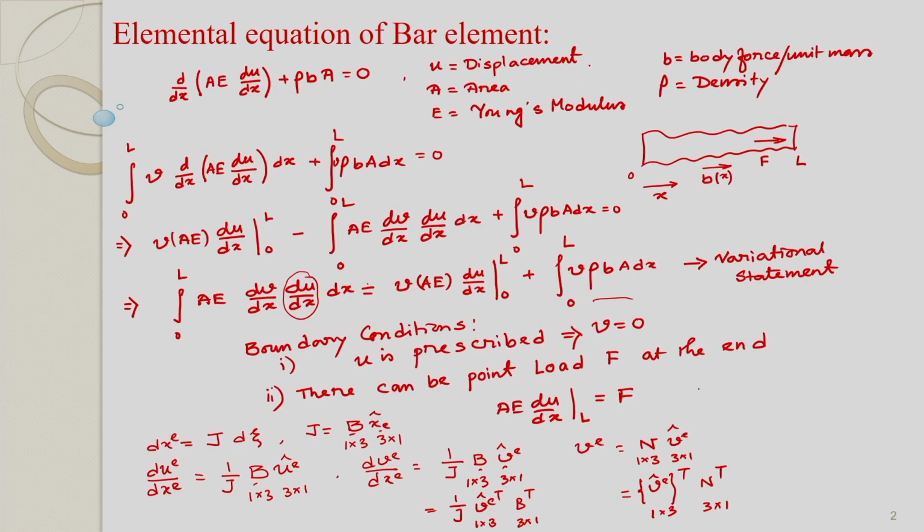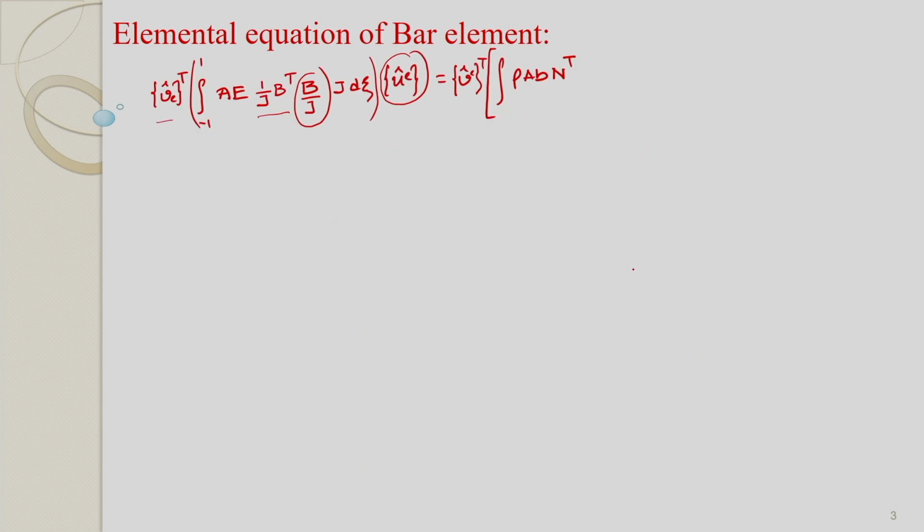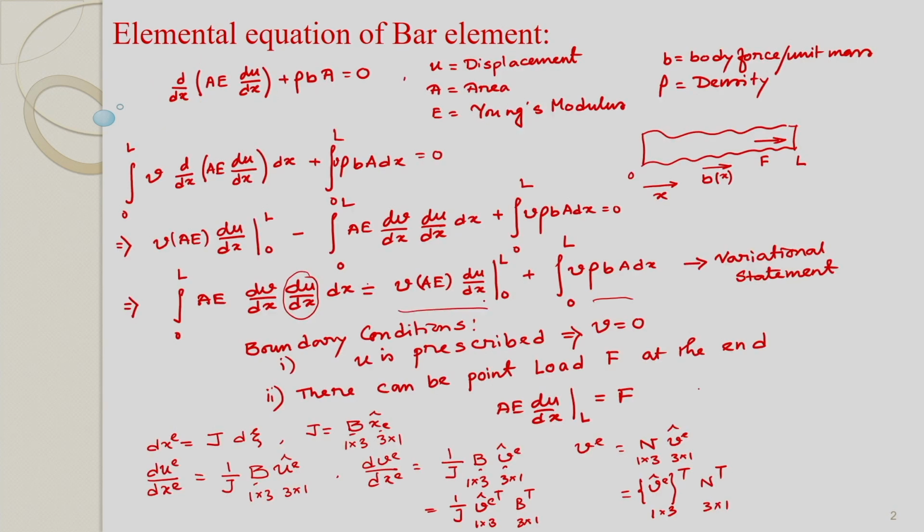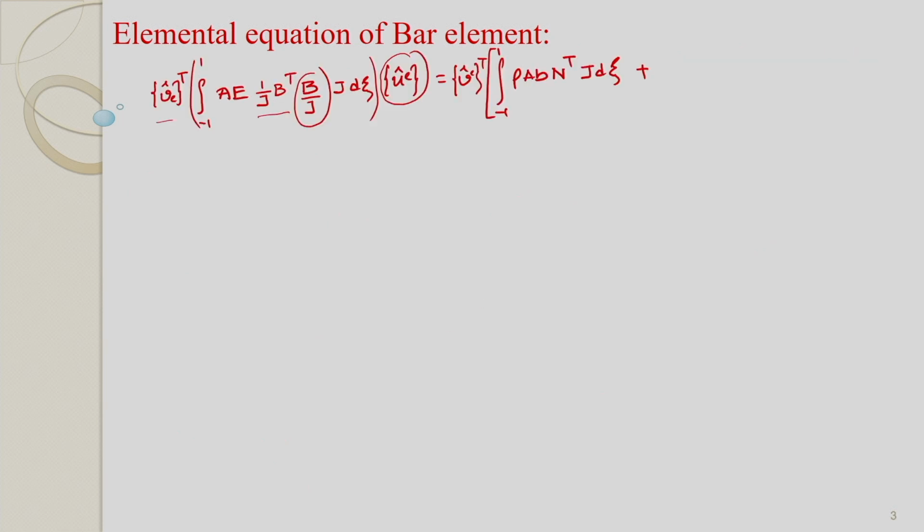Then dx is again J d xi, minus 1 to 1. Now, the boundary term. So, let us first write this V e hat transpose is already outside, N transpose, and the remaining term, that is AE du dx, depending on the given boundary condition, this term will be evaluated.